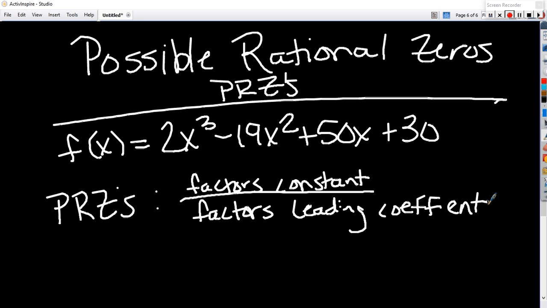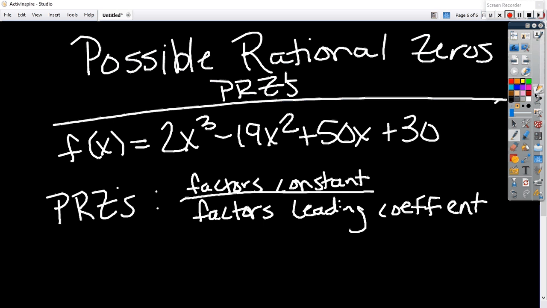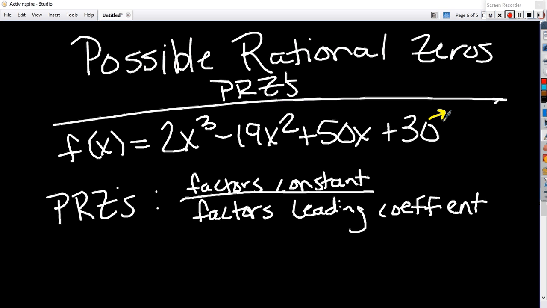Okay? So before we start, let's list, because this is a big list, okay? Factors of 30, what are they? Start with the smallest, and let's go in order. 1, so I'm going to do plus or minus 1, right? Because two negatives make a positive.